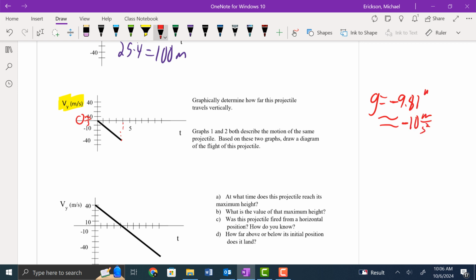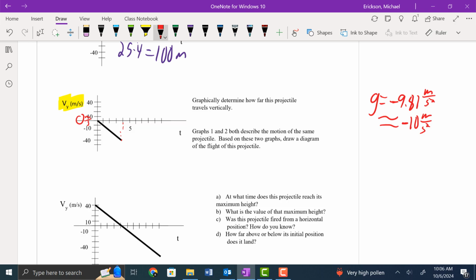And my suggestion is, I'd rather us work with negative 10 than negative 9.81. For a human, you would not really be able to notice the difference in real time, most likely, unless you're very sensitive to seeing stuff like that. So for now, so that we don't have to bust out our calculators, let's just say negative 10 is our g.